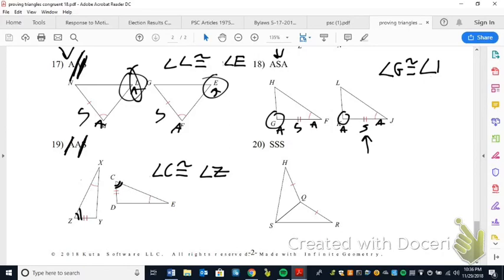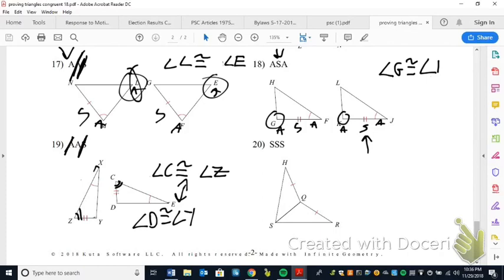What I was drawing earlier was, here I need to make sure that they're corresponding parts. Another acceptable answer for this would be angle D is congruent to angle Y. Either one of these would give me angle, angle, side, because I had to go from angle E to angle D and then the side, or X to Y and then the side, or E to C and then the side, or X to Z and then the side.